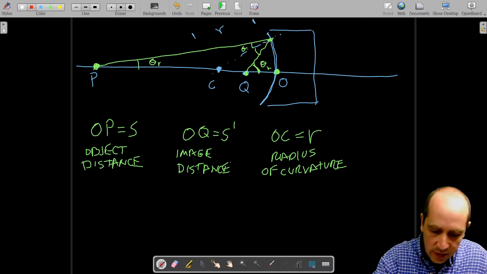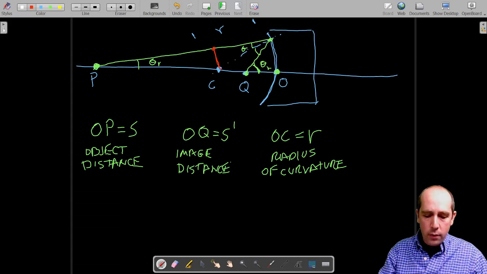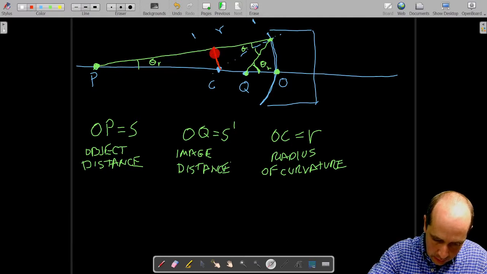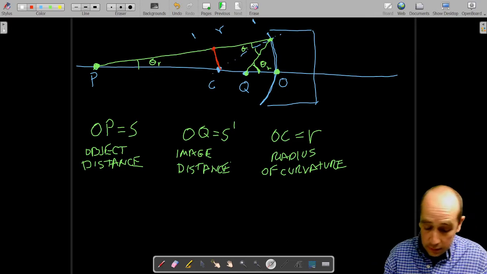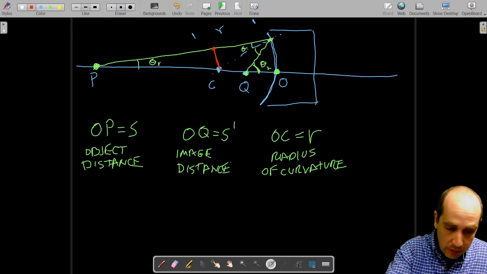Now, in addition to that, I will make this construction. I will take a line that is normal to this, a green line over here, and that intersects the point C. So this forms actually two right triangles, this one over here and also this one over here, which share this side over here in red. So for these two triangles, the following relationships will be true.